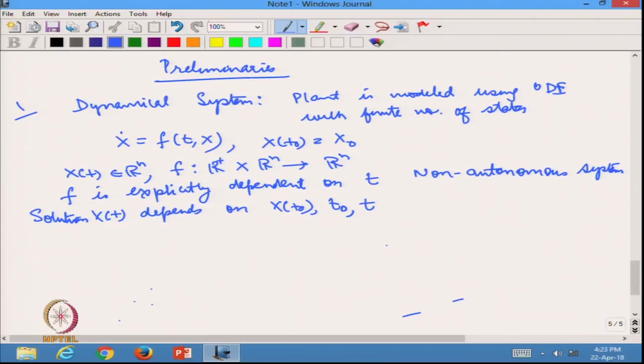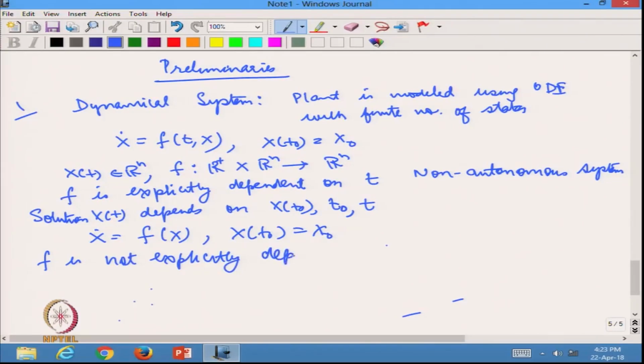Right. Now, there are also systems where this function f is not explicitly a function of time t. Those systems can be represented using x dot equals f of x. So, here there is no explicit dependence on t. So, f is not explicitly dependent on t, and these systems are called autonomous systems.